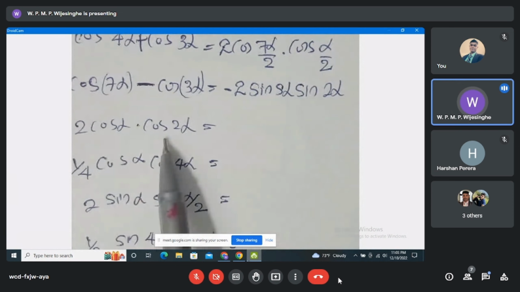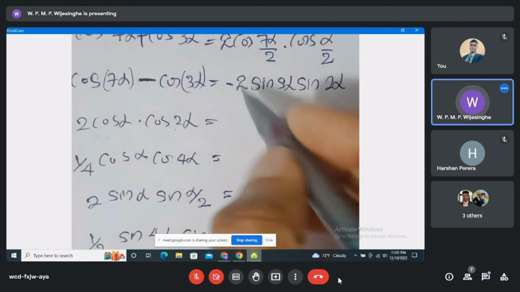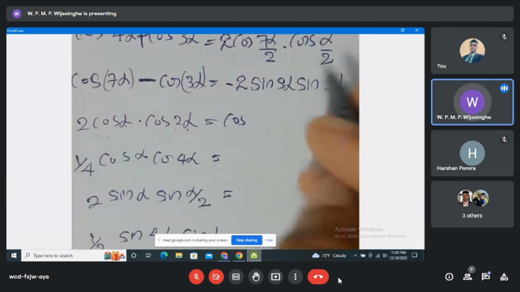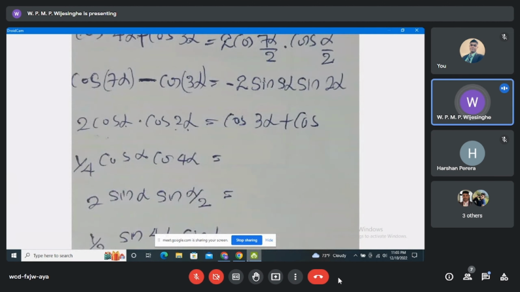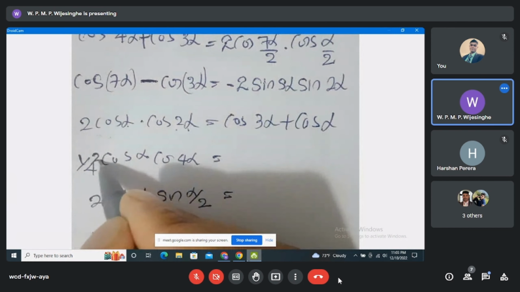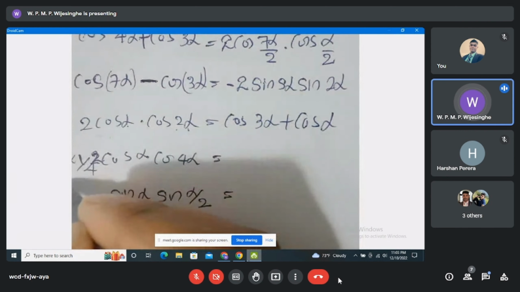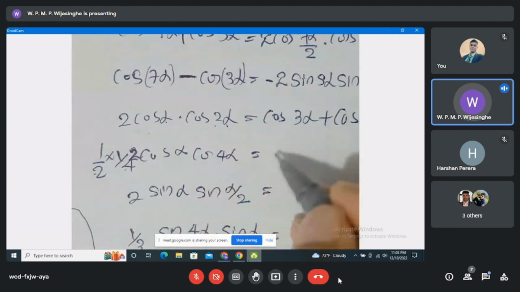Here cos, then it should be summation of two cos angles. So cos, alpha 2 alpha, it is 3 alpha, plus cos difference 2 alpha minus alpha, it is alpha. Here make the term what we want. Here I want 2 here, then I add 2 in the denominator, then 2 times 4, it is 1 over 8.